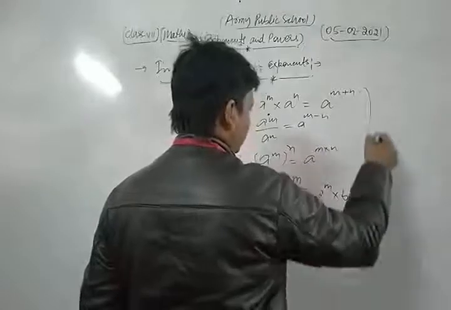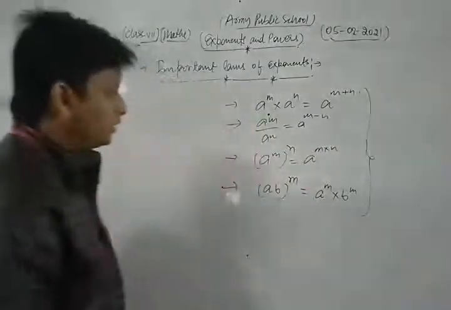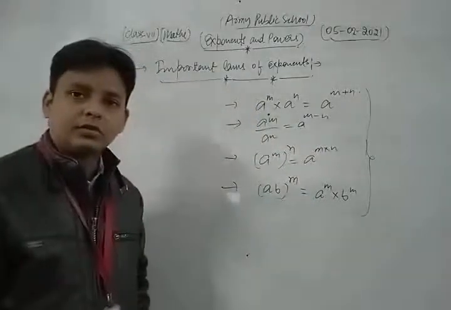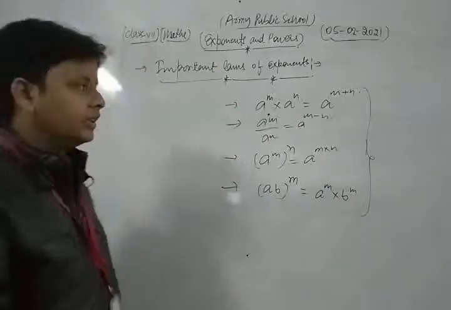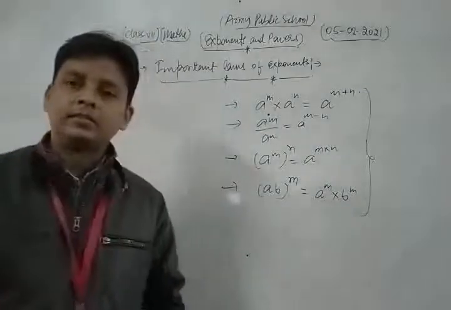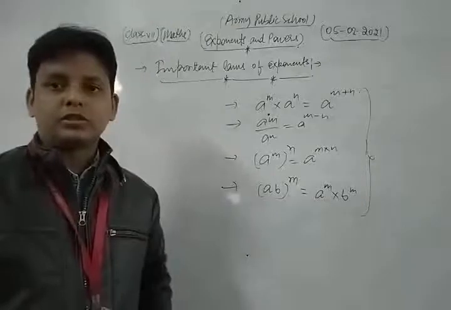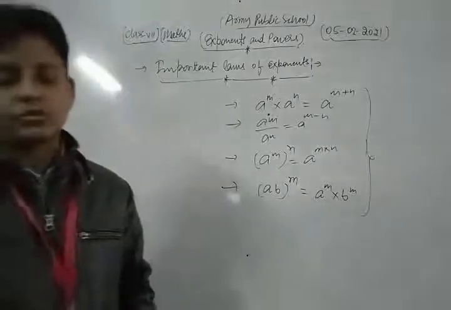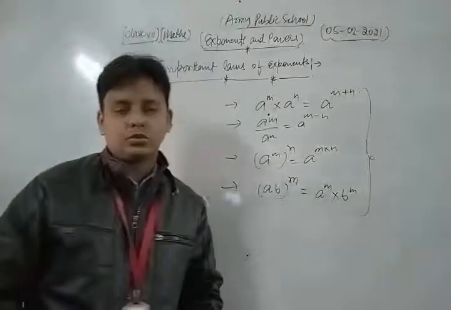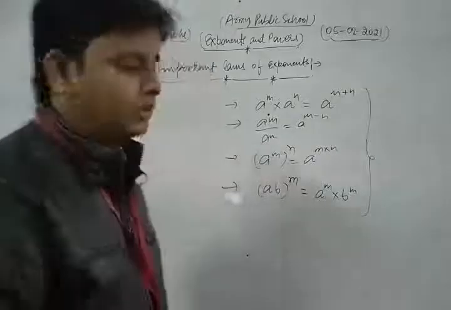So these are very important and basic laws of exponents, and in your NCERT exercise there are many questions based on these topics. Now dear students, we take and solve some important NCERT questions based on laws of exponents.